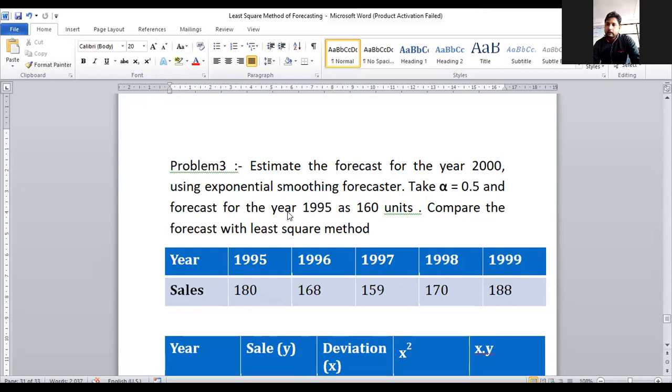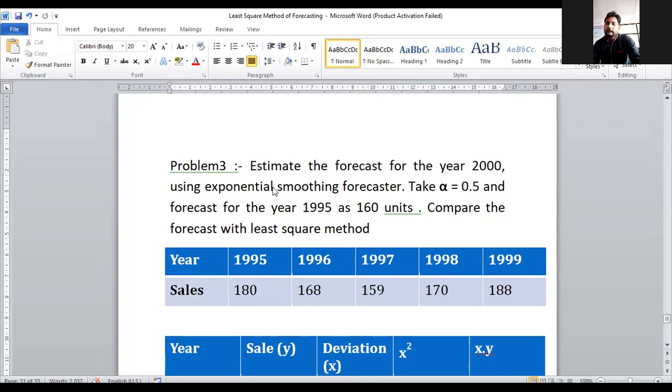Now here, first of all, we have to estimate the forecasted demand by using two methodologies or two forecasting models. One is the least square method that we have learned, and in that method we have to determine the coefficients of a line, or the constants of a line equation, that is a and b.